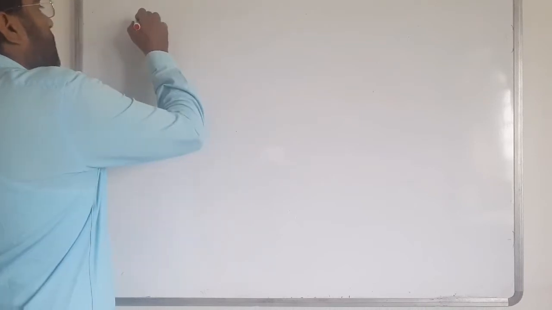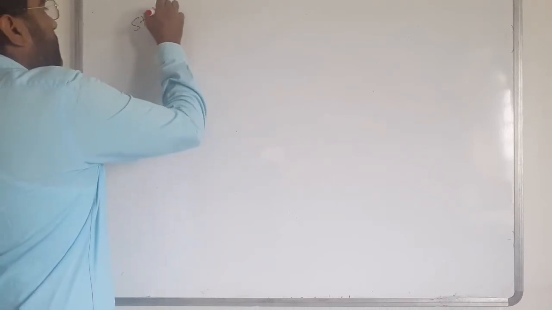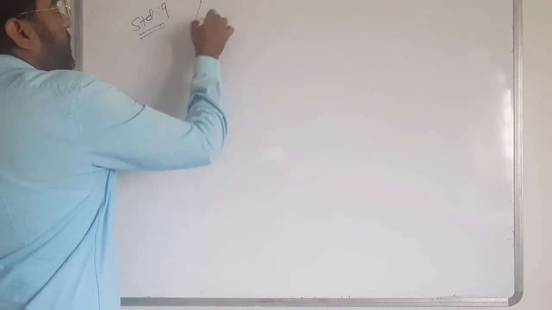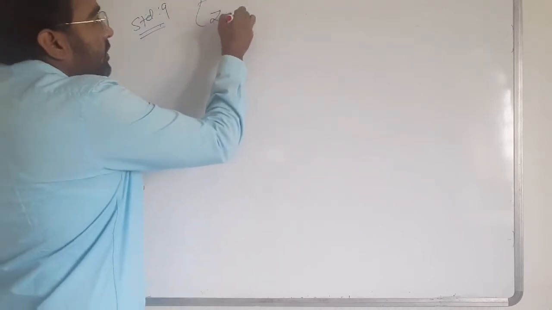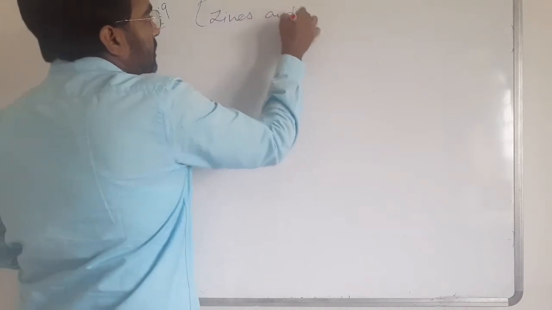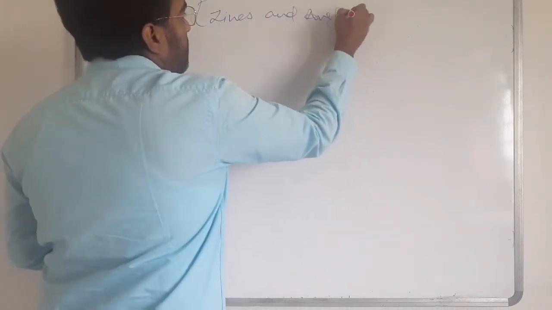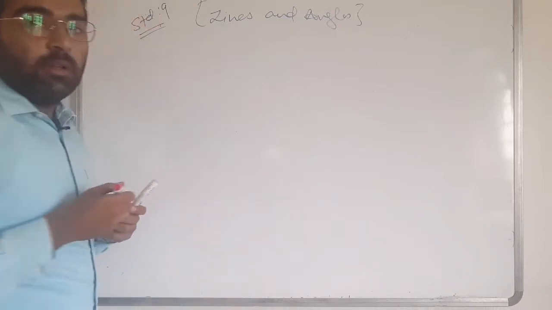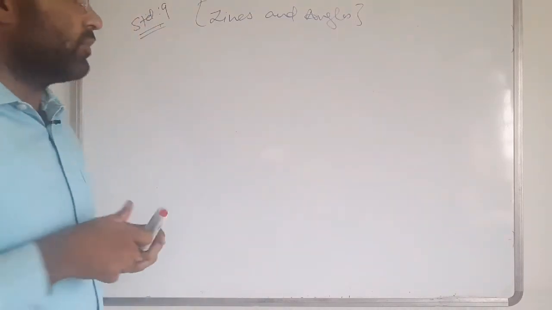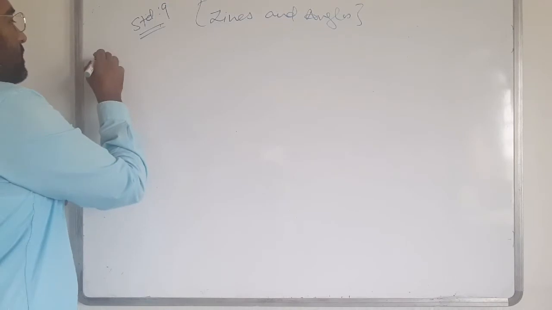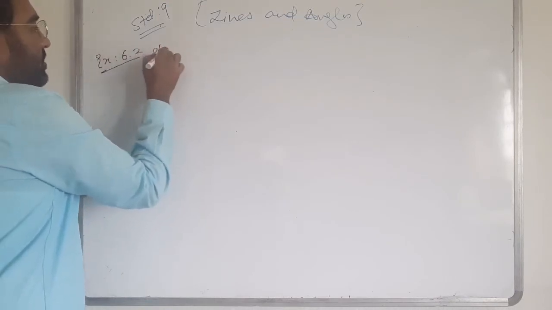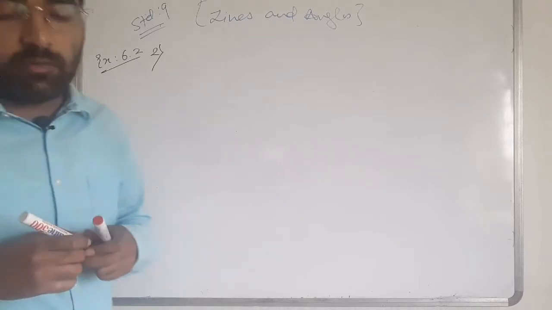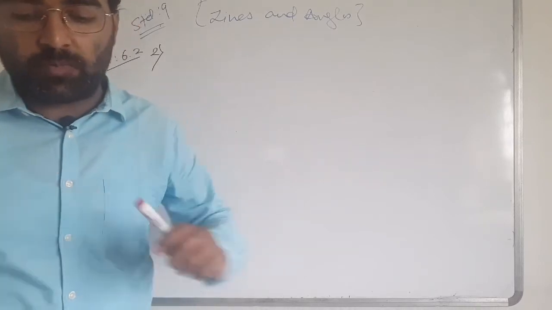Standard 9, and we are learning about lines and angles, from exercise 6.2 question number 2.